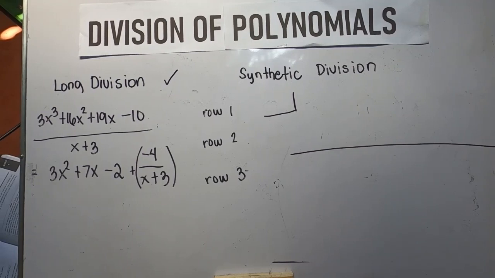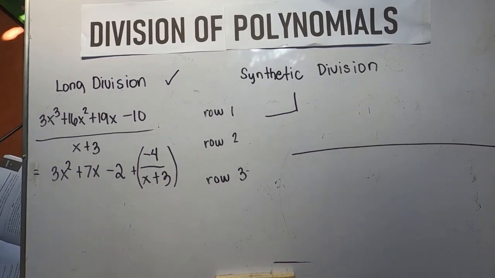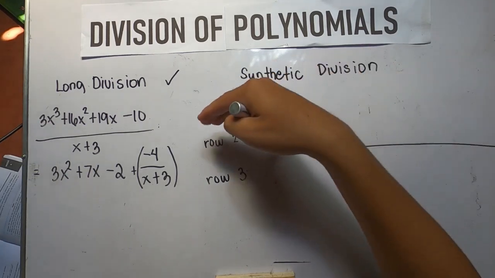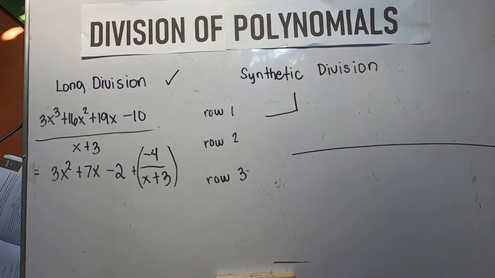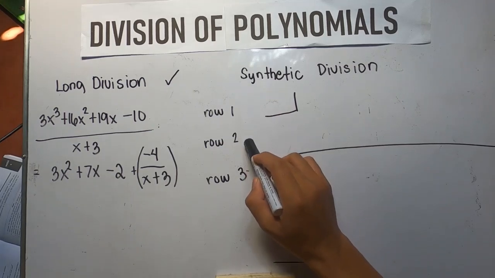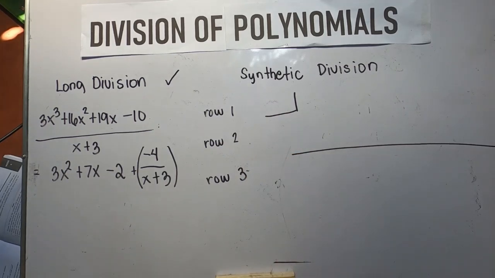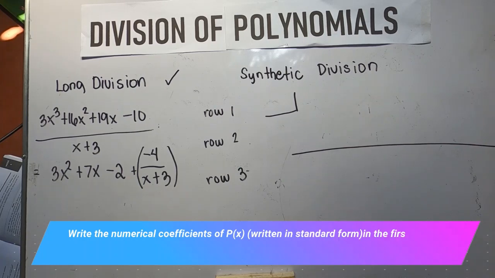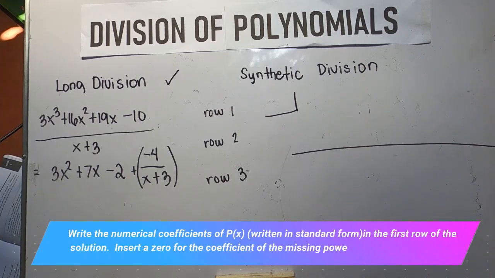In order for you to divide polynomials correctly, you must remember that the entire process or solution will consist of row 1, row 2, and row 3. So step number 1, write the numerical coefficient of the dividend, which must be written in standard form, in the first row of the solution.